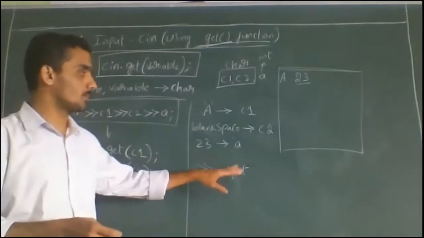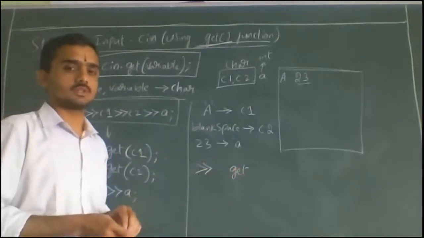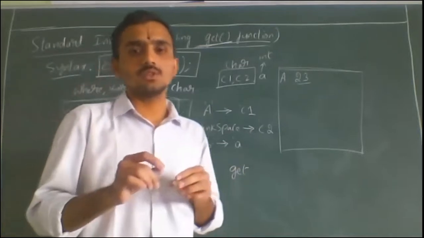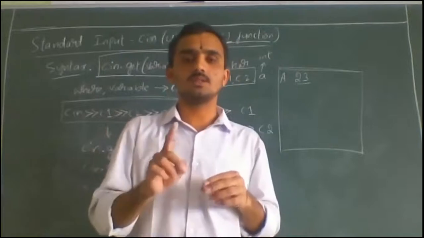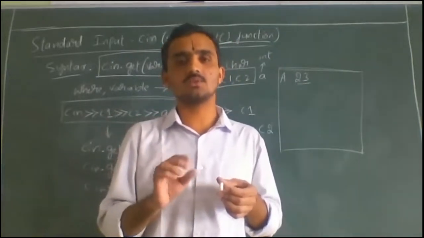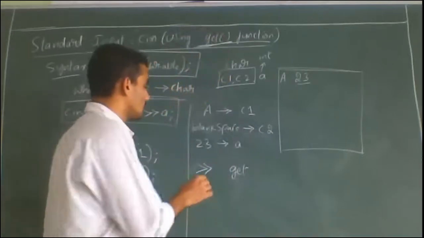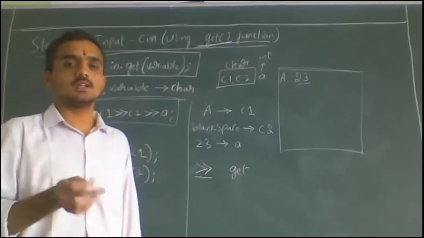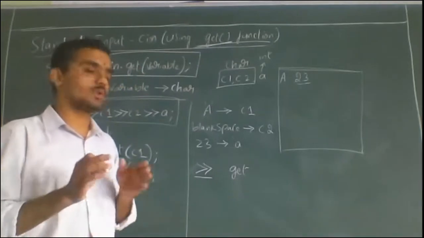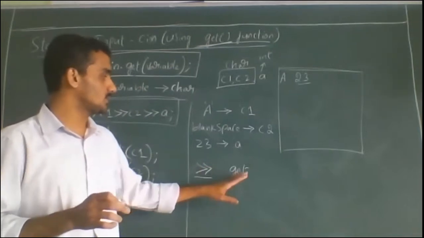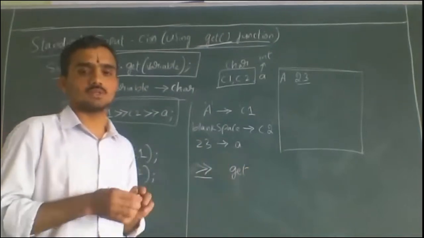If you want to consider blank space also, then use the get function. And in the arrays chapter, we come across storing many characters in one single variable. That concept is called an array, meaning a collection of elements. In that case also, if you don't want to consider blank space, we use the extraction operator. If I want to consider blank space, then we make use of the get function.